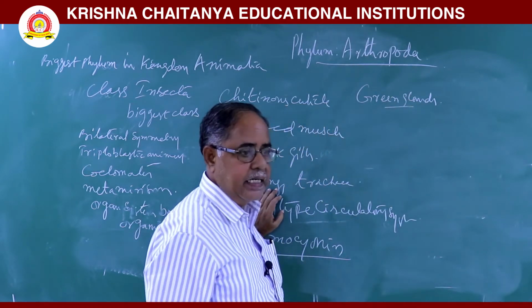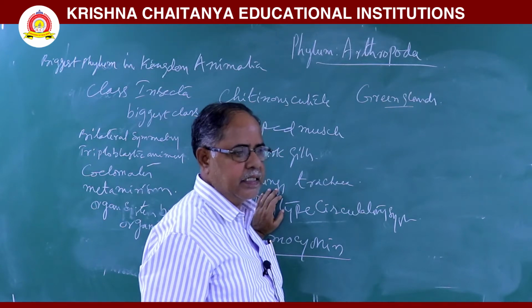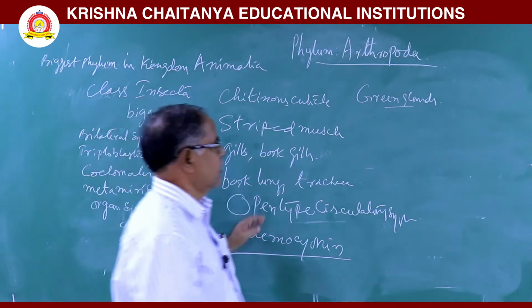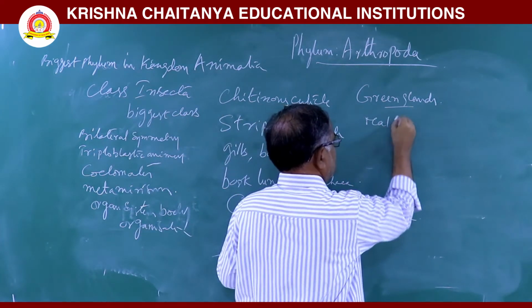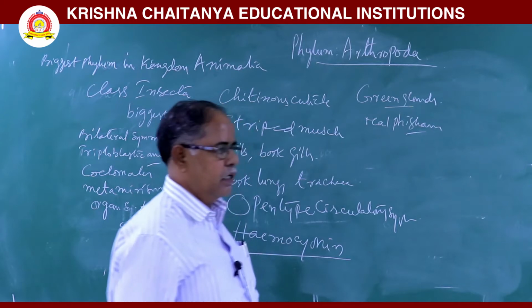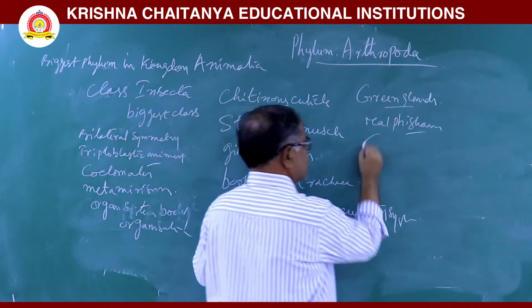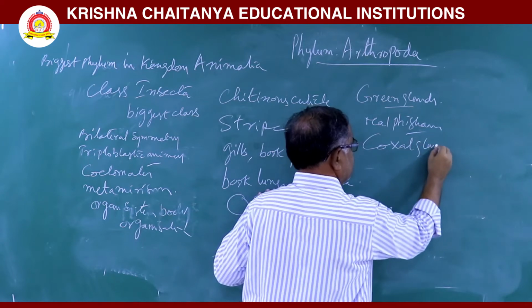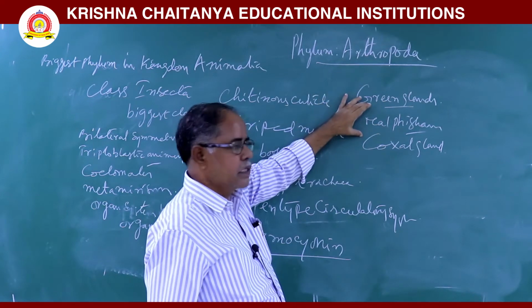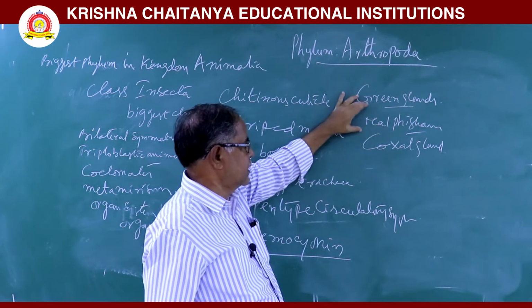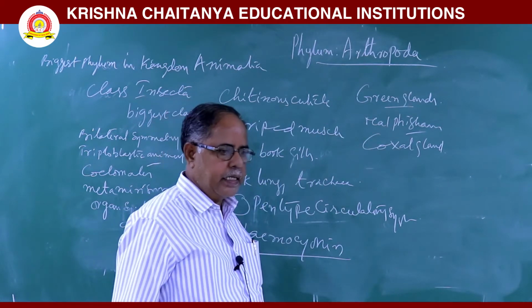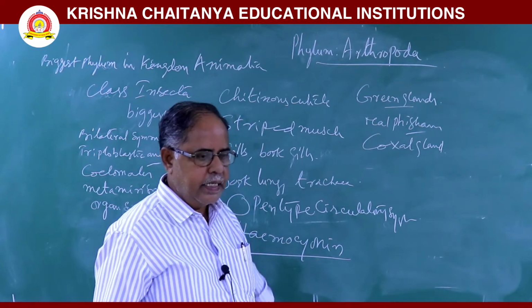In some animals, the Malpighian tubules work as excretory organs. In some, coxal glands are there. They are uricotelic animals. They excrete uric acid.